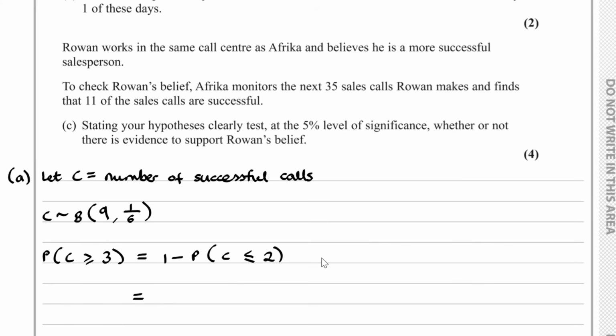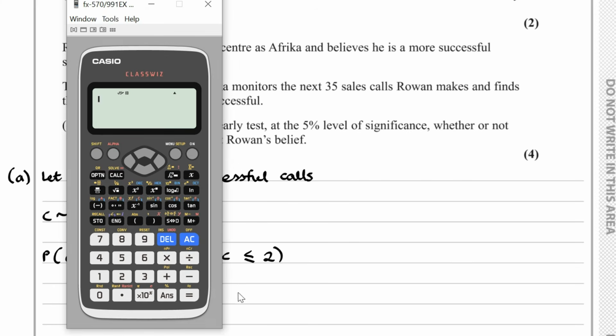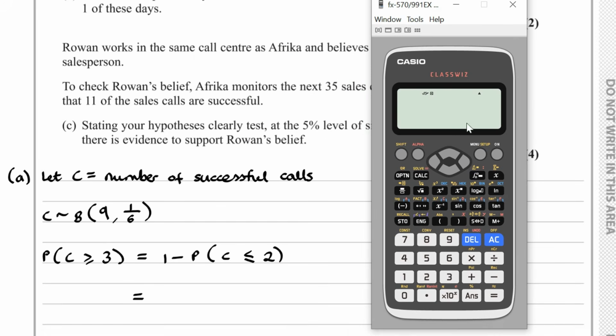So if we work this out using our calculator, we go to menu, we have a distribution over here, we have a binomial cumulative distribution. Click number 2, x here is equal to 2, n is equal to 9, the probability is equal to 1/6.